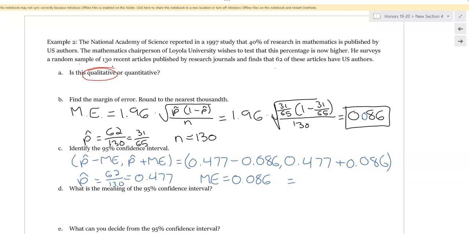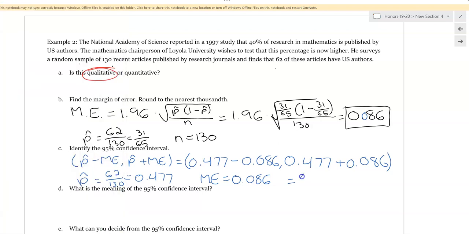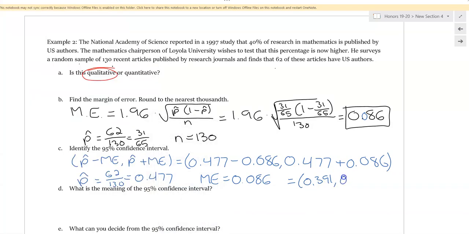Well, 0.477 minus 0.086 is 0.391, and 0.477 plus 0.086 is 0.563. So 0.391 to 0.563.